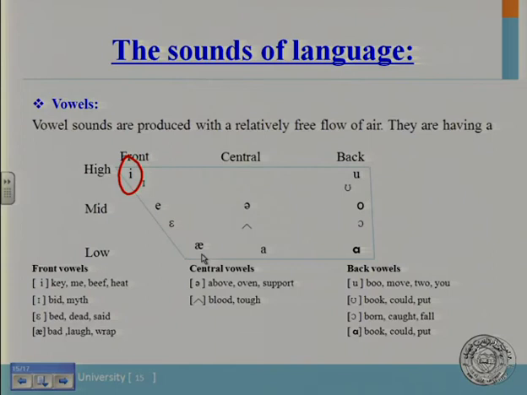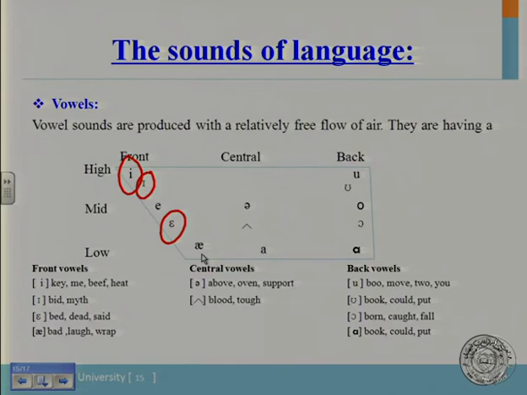The second one is I. We have E and I, as in bed, as in myth. E is higher than I, but both are in the same position, they are front. Second is the vowel as in bed, dead, or said, and it can be represented by this symbol.